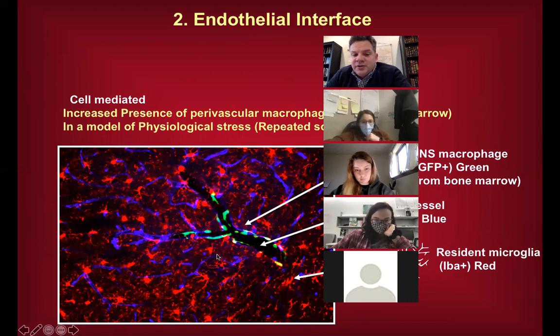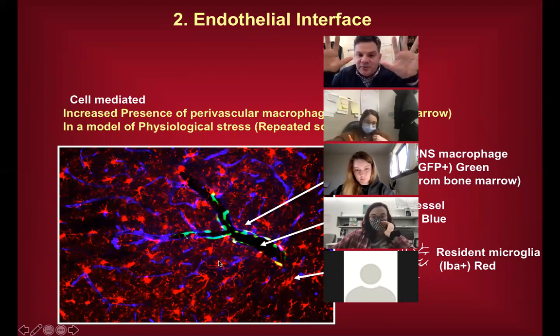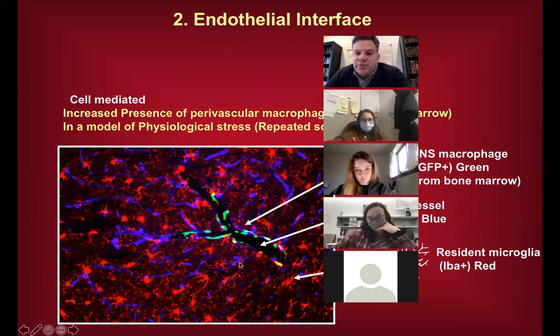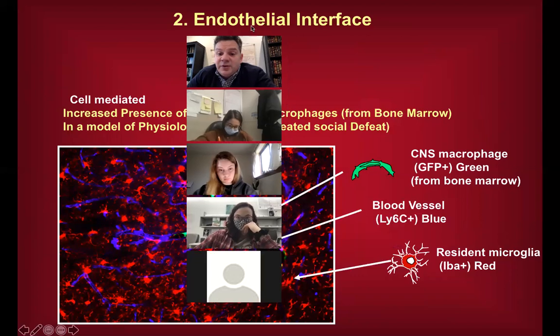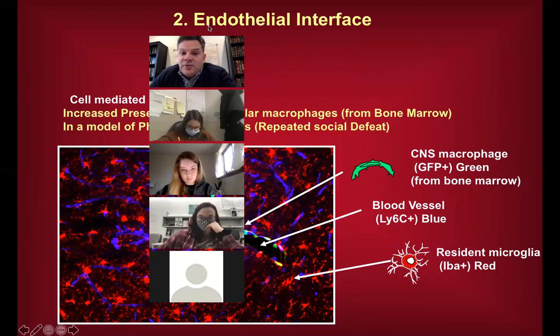The red here are the microglia. Maybe you can see their processes. The blue is the vasculature, and the green are these monocytes. And you can see them all stuck in that perivascular space. It turns out they're providing signals that the brain responds to, and the signal that they're giving is actually IL-1.